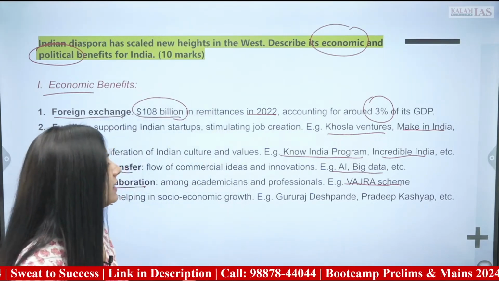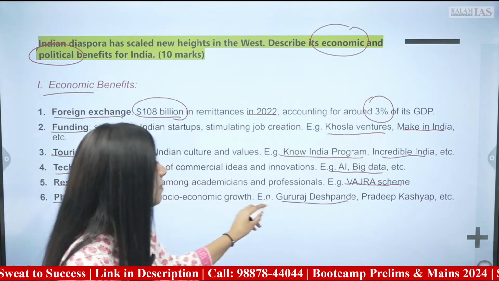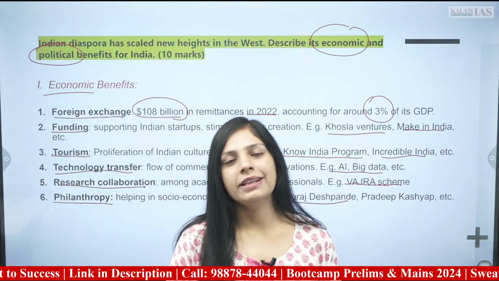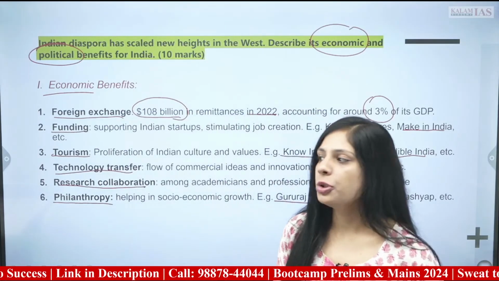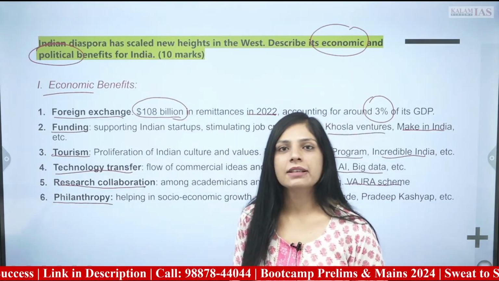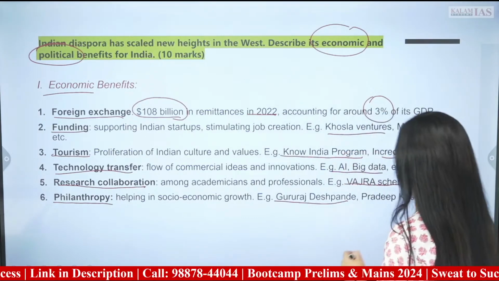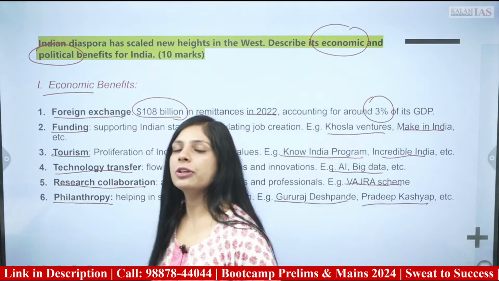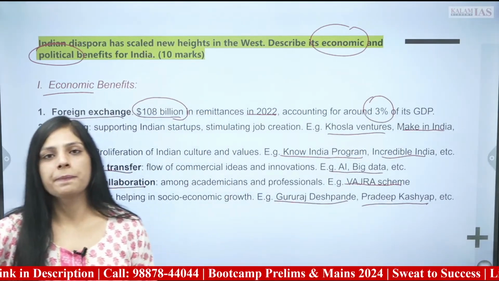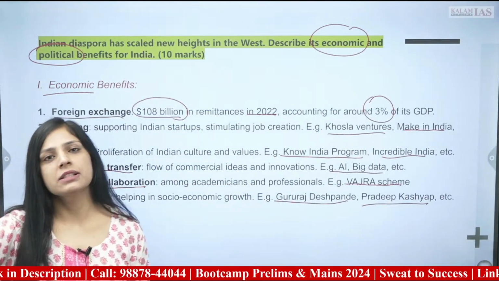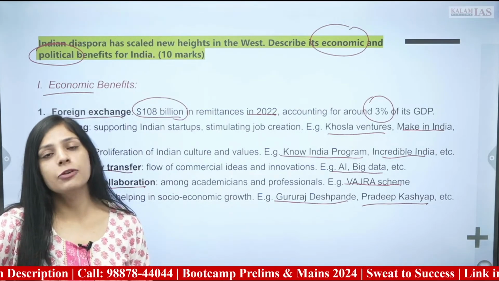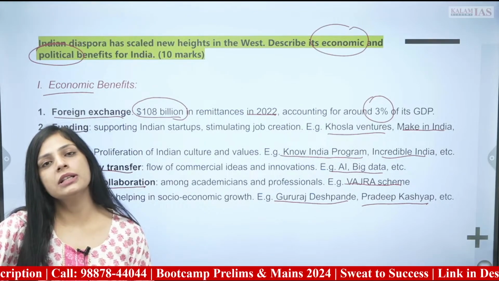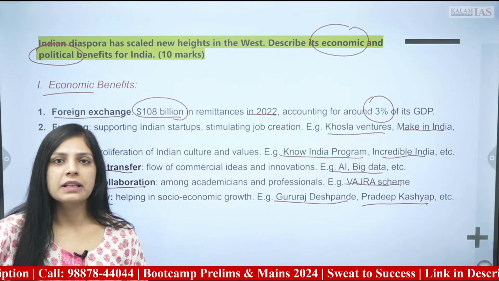We have successful examples such as Gururaj Deshpande. He is actively helping Indian NGOs to scale up their operations, right. Pradeep Kashyap is also helping in the socio-economic transformation in India. Numerous examples are there of successful philanthropists who are contributing to the growth of India, right.